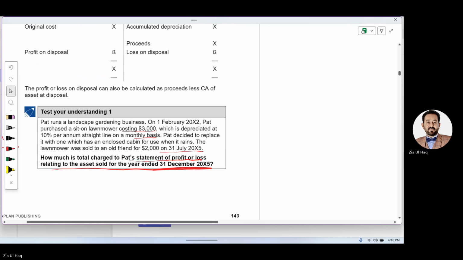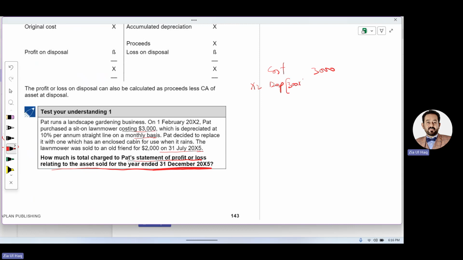So asset cost was 3,000. Depreciation for 20X2 is for 11 months, so 300 into 11 by 12, that is 275.